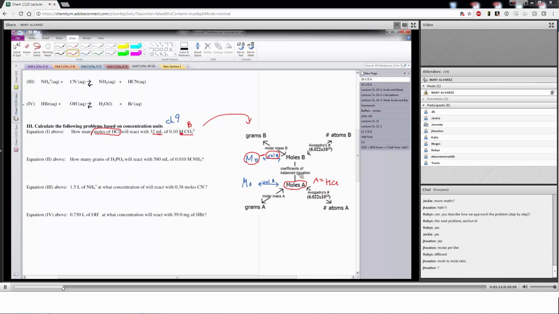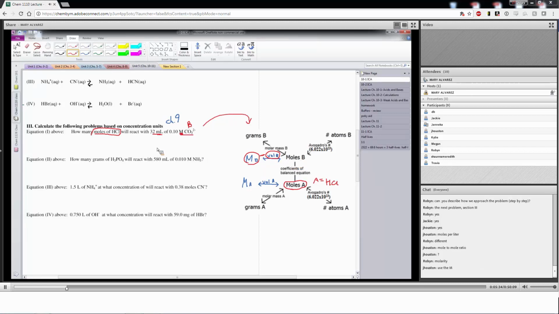Yeah, this piece I'm going to use the mole to mole ratio. How am I going to get to here? How do I get from here to here? Using your molarity and your volume.